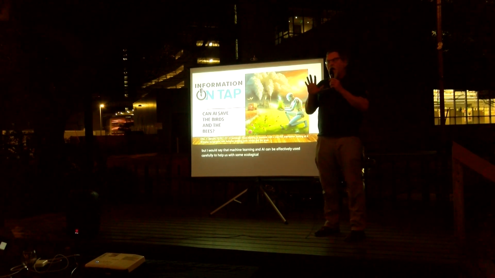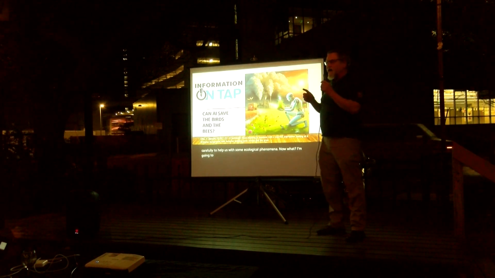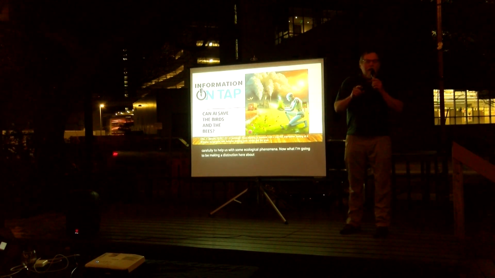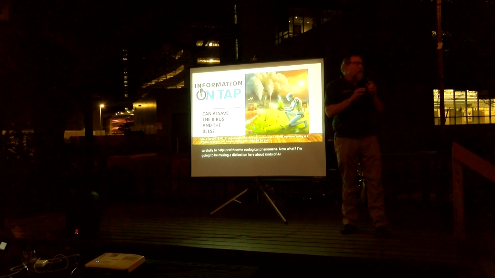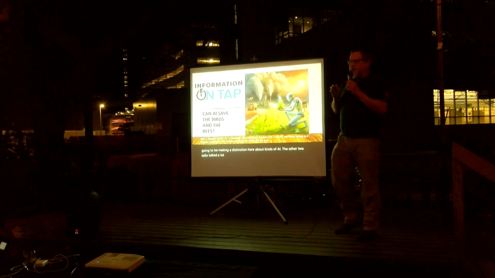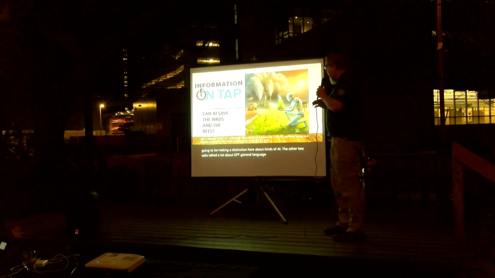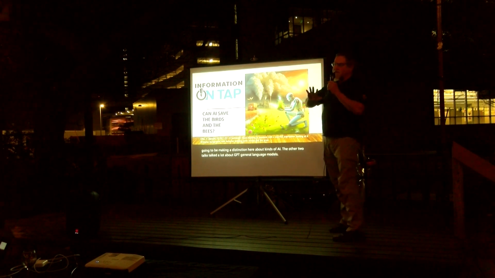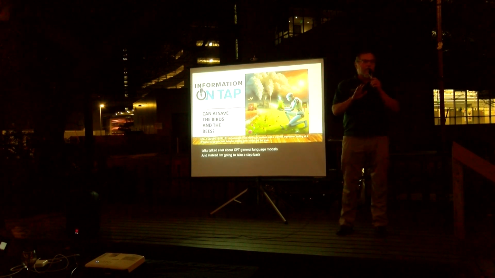Now, what I'm going to be making is a distinction here about kinds of AI. The other two talks talked a lot about GPT, general language models. And instead, I'm going to take a step back to machine learning in general.